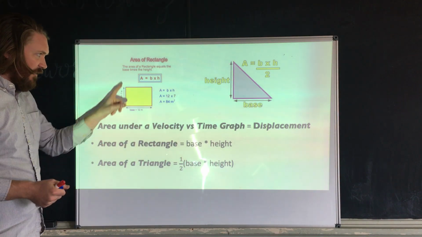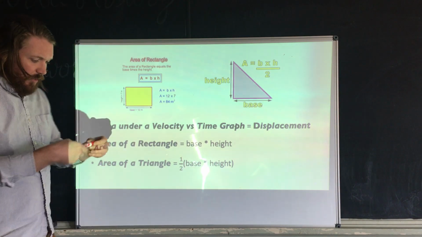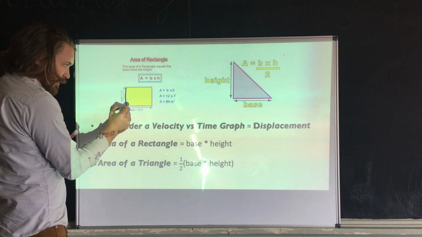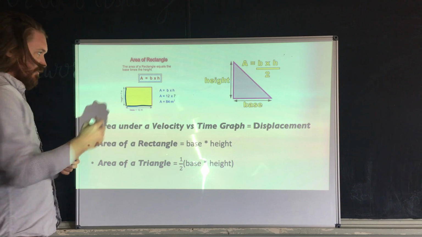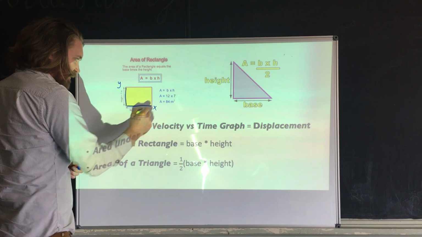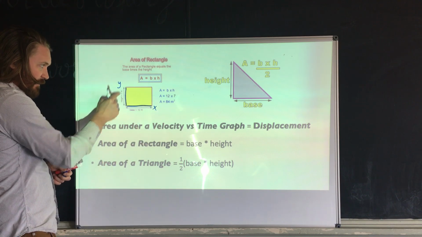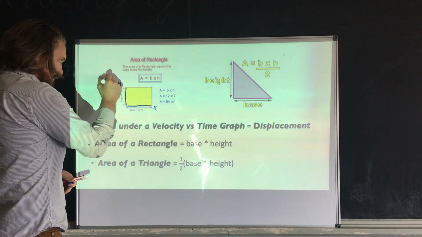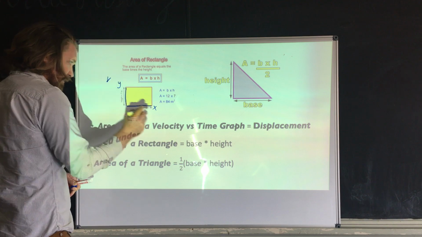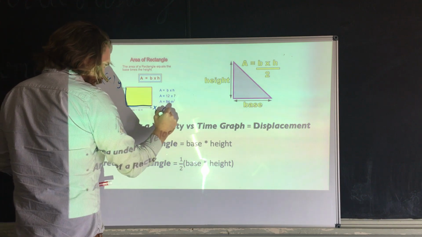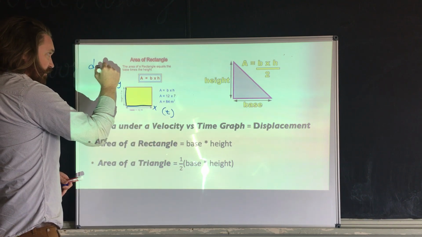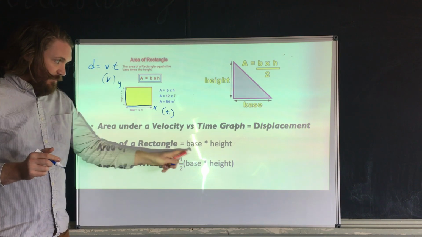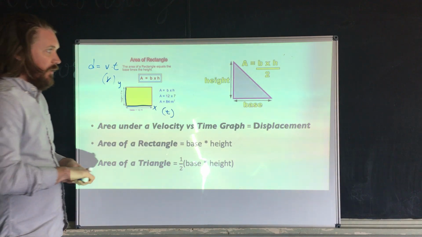To find the area of a rectangle, this is easy. All you do is you take the height and multiply it by the base, right? Remember, this was our y-axis, this is our x-axis. The base times the height, that gives me area. And again, this is velocity, and this is time. Distance equals velocity times time, which is your height times your base, okay?